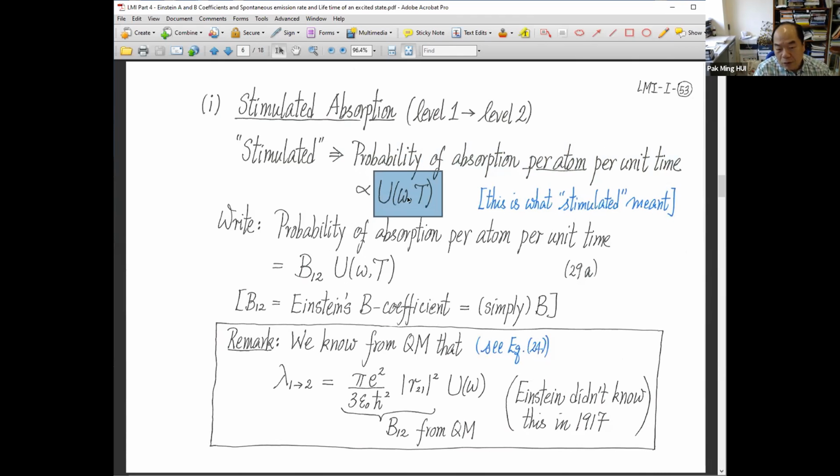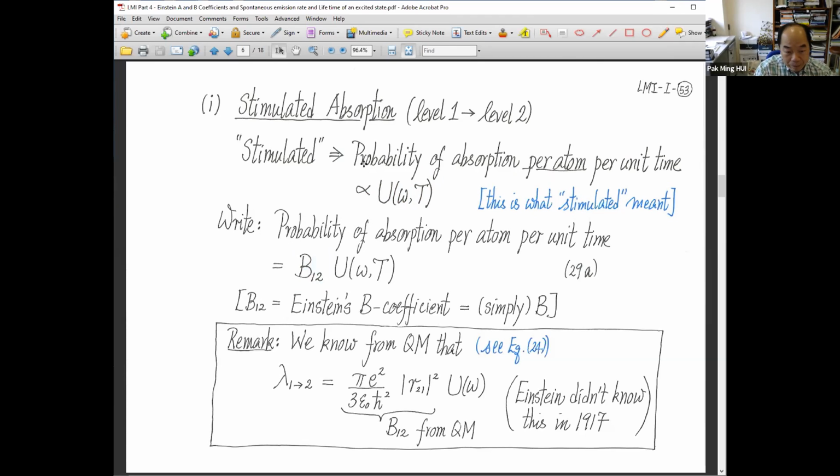So that is natural, proportional to the surrounding incident light at that particular required frequency. Okay? By proportion, it means we can introduce a proportional constant. And that's how Einstein's first B coefficient enters. It is called B12 at this point because it means absorption from 1 to 2.